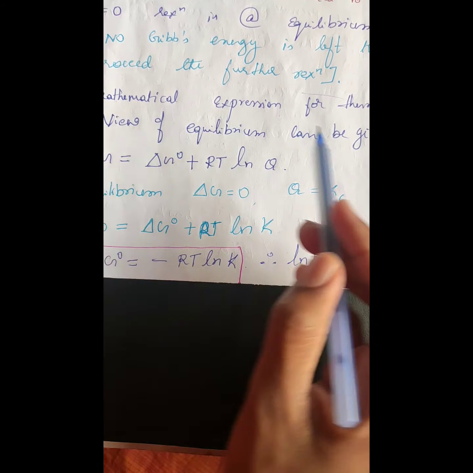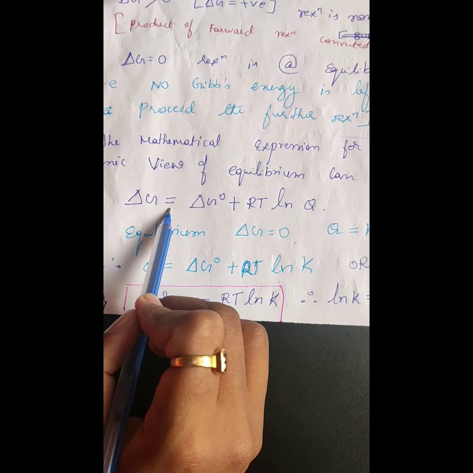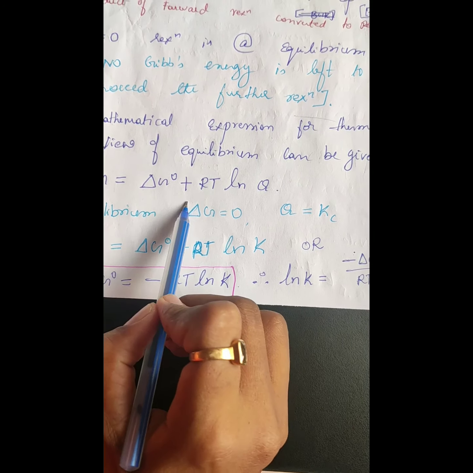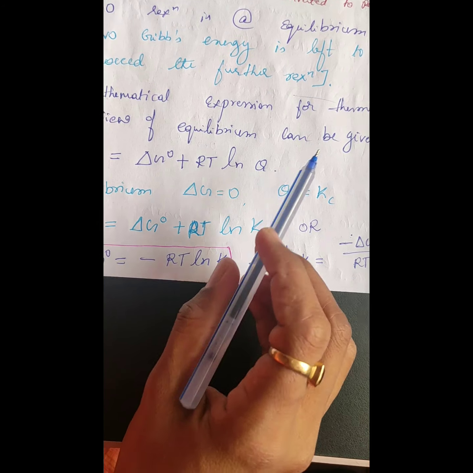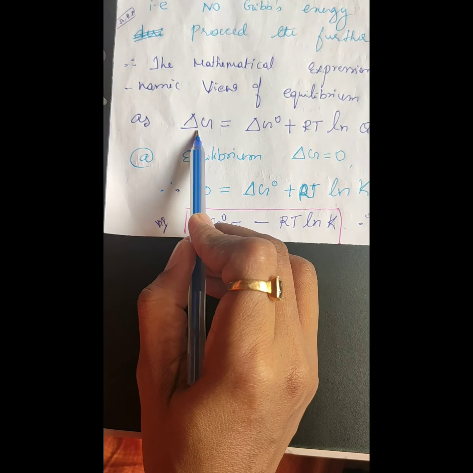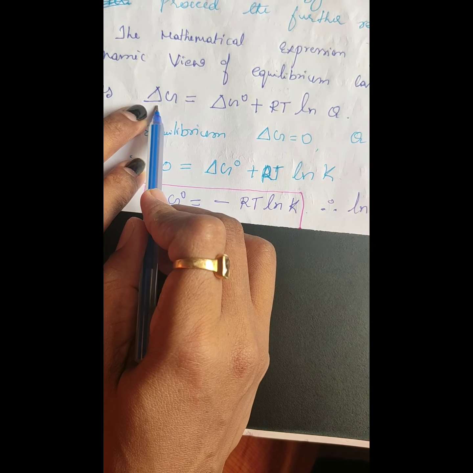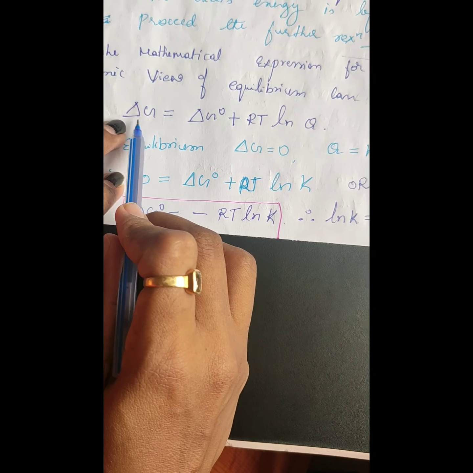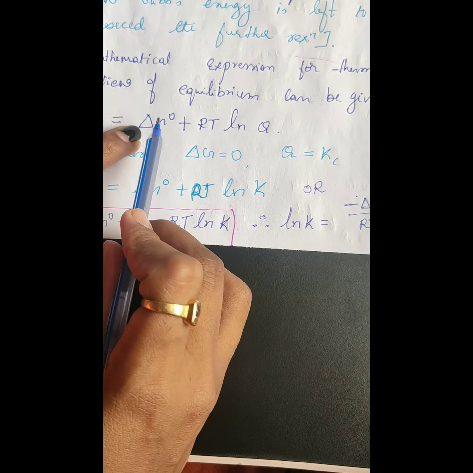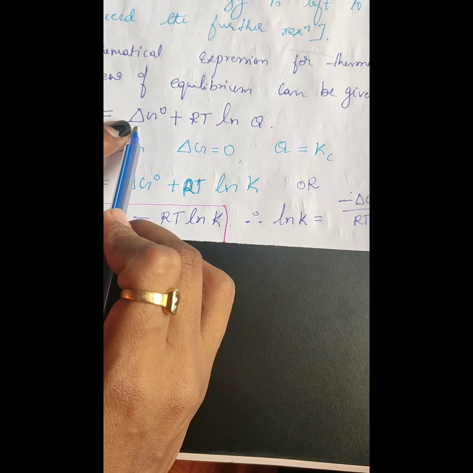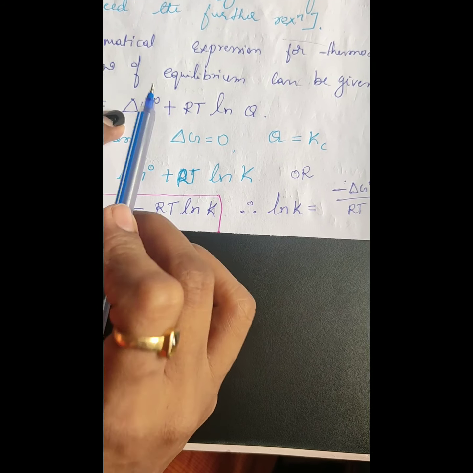The mathematical expression for the thermodynamic view of equilibrium can be given as delta G equals delta G naught plus RT ln Q. In this expression, delta G is the change in Gibbs free energy, and delta G naught is the change in free energy at standard state.